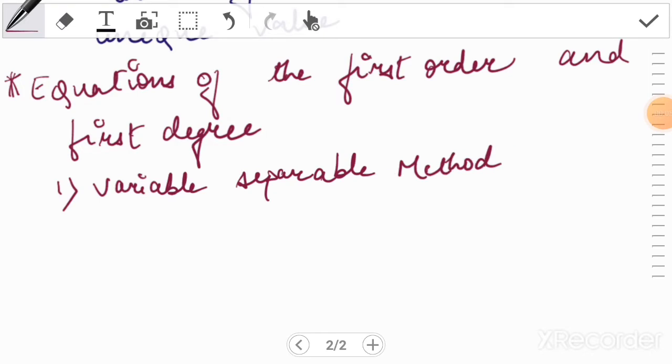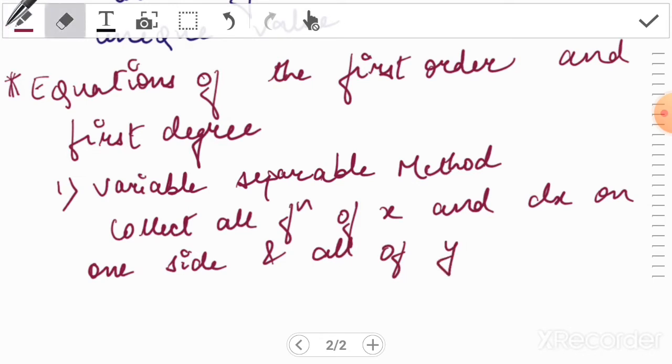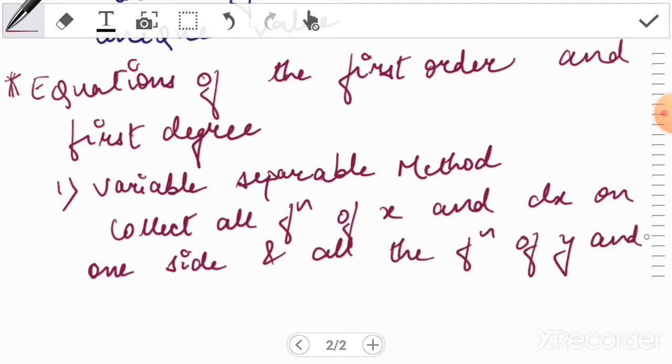Variable separable method. If in an equation it is possible to collect all functions of x and dx on one side, and all the functions of y and dy on the other side, then the variables are said to be separable.